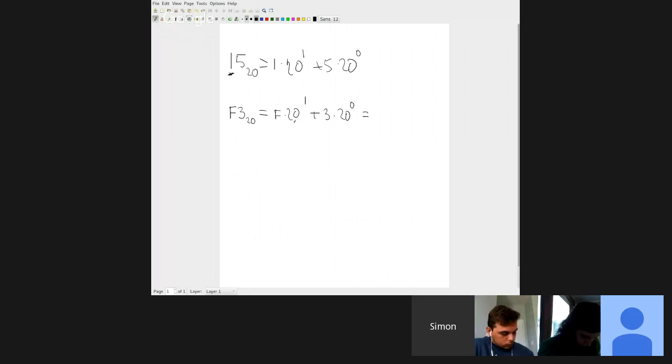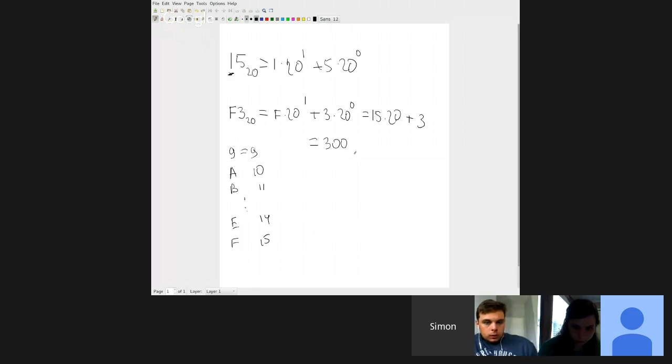So what is F times 20 raised to the power of 1? It is F times 20. But what is F? And then we start counting. We say that 9 is 9, and then A is 10, B is 11, and then all the way there will be E, which is 14, and F, which is 15. So F is 15. In other words, it's going to be 15 times 20 plus 3. 15 times 20 is 300 plus 3, so it will be 303 in base 10.